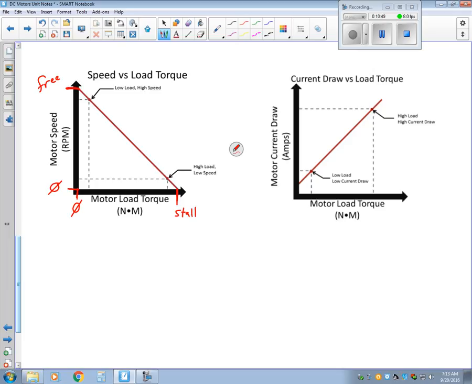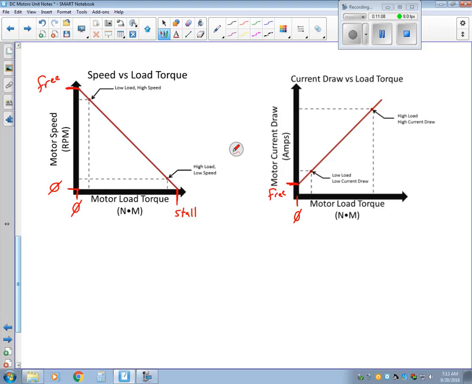Coming over to this next graph, this is a current versus load. So starting out, I have my free current, and notice again that's where I have zero load.